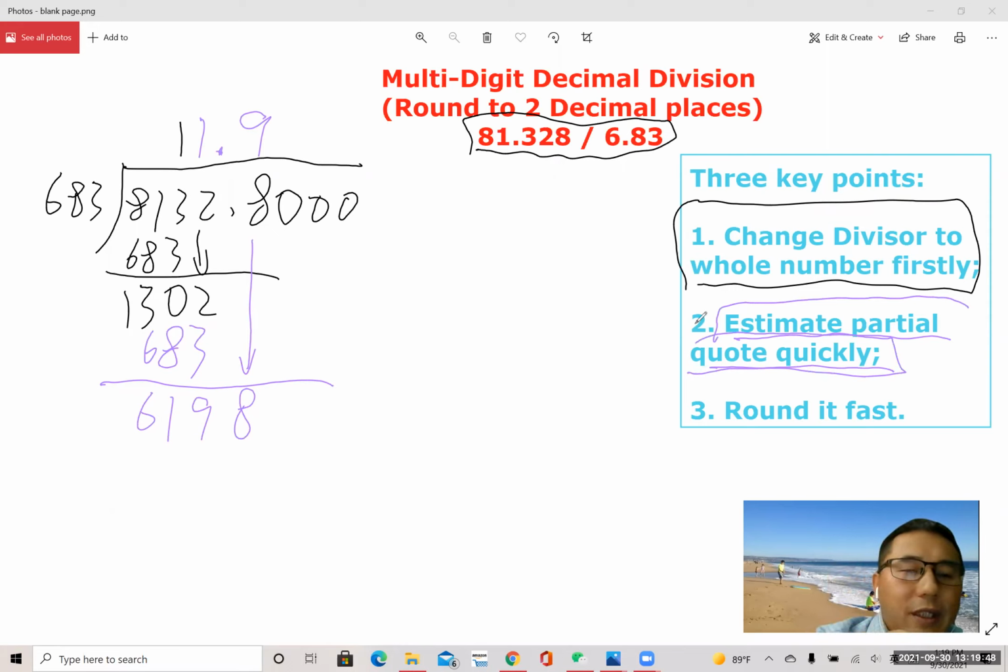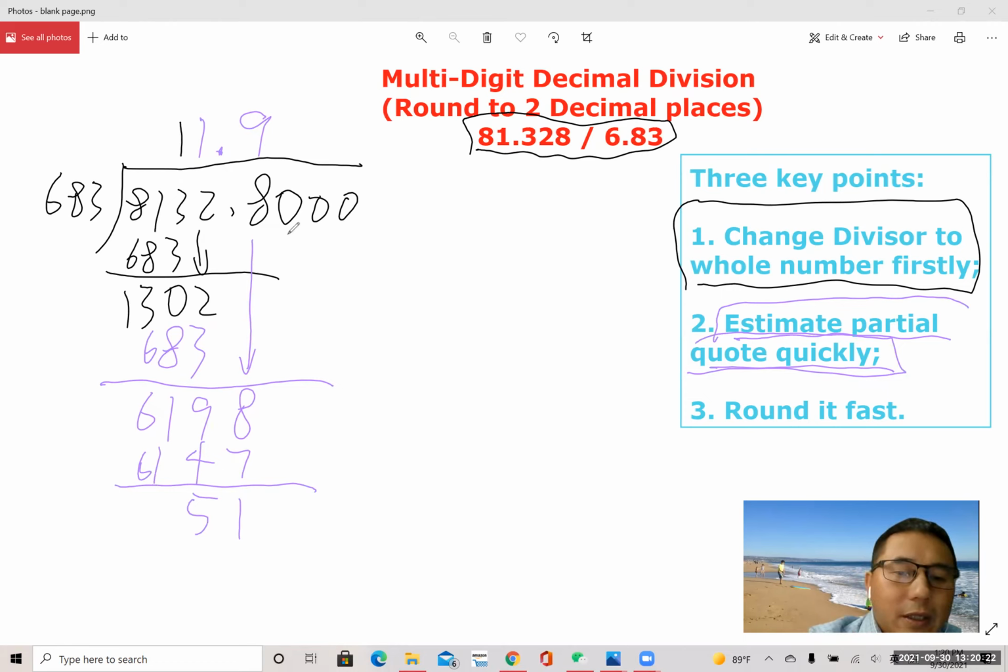Okay, now let's do the 3-digit multiplied by 1-digit. We'd better use mental math. 9 times 3 is 27. So regroup is 2. 9 times 8 is 72 plus 2, 74. So regroup is 7. 9 times 6 is 54 plus 7 is 61. So do subtraction. Here is 1, here is 5.